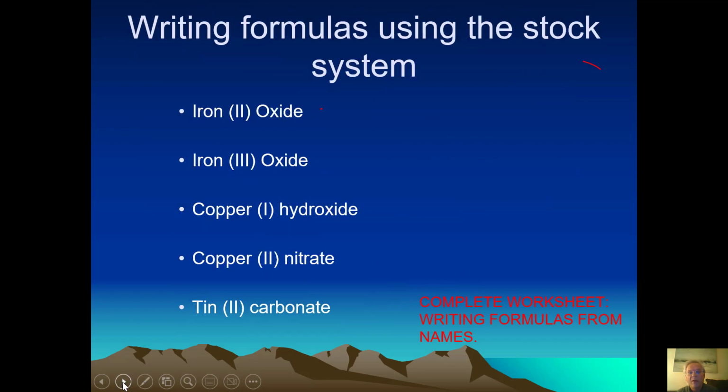Actually, let's jump. And let's look at this last one. Writing formulas using the stock system. So Fe, I know that iron has a +2 charge here. Oxygen always has a -2 charge from the reference table. I do the crisscross, and it's going to end up with a 2 down here and a 2 down here.